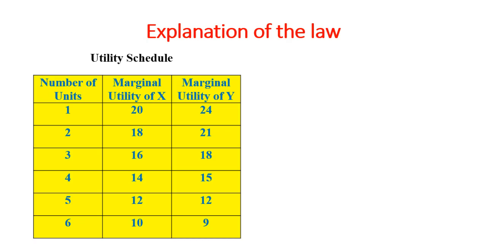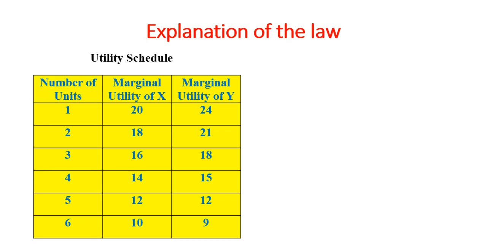And a consumer has 24 rupees to spend on both the goods. If the consumer wants to spend his entire income on X commodity, he will buy a maximum of 12 quantities of X commodity. If he spends his whole income on Y commodity, he can buy 8 quantities of Y commodity.